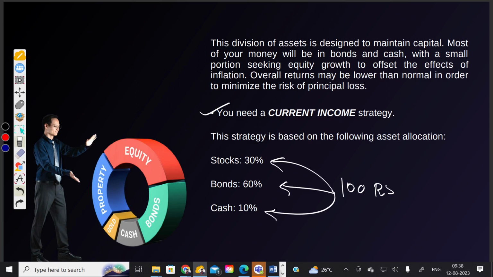So this is how you can allocate the funds to the different financial instruments and design the income strategy. Why income strategy? Because the 60% fund, if you allocate to the bonds, offers fixed income, maybe on a monthly or quarterly basis. And that's what we call a fixed current income strategy, right? So let's see next.